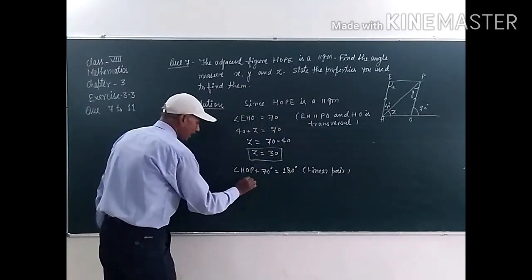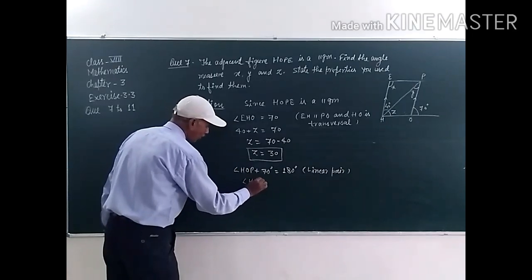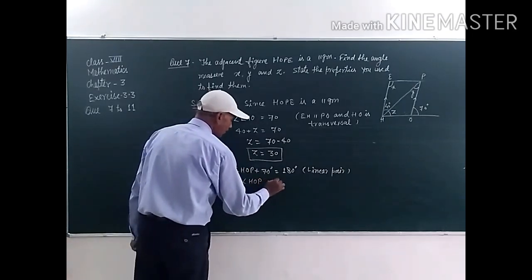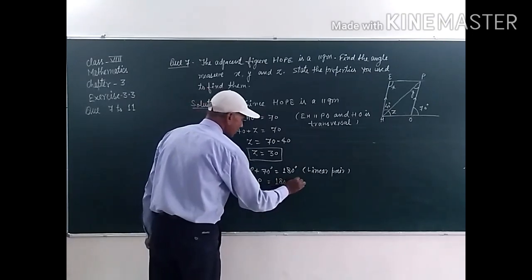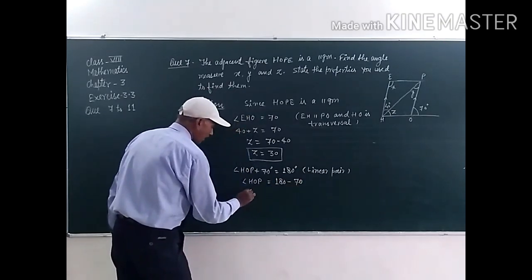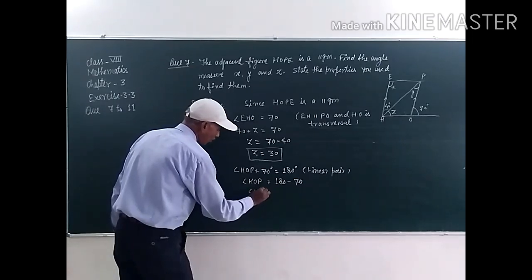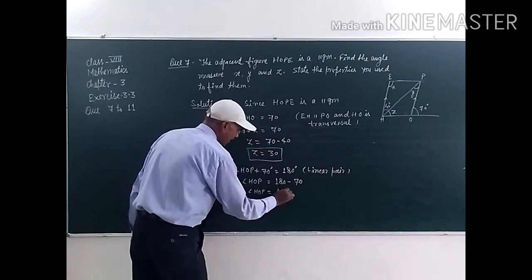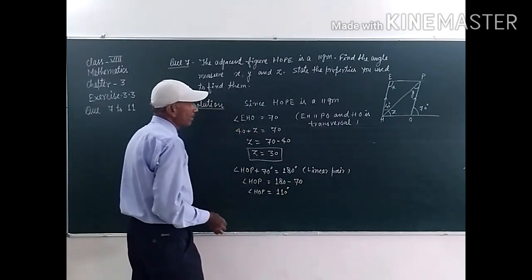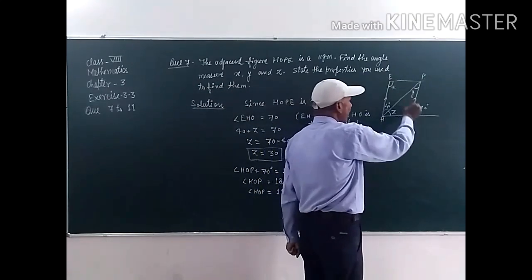So angle HOP is equal to 180 minus 70. So angle HOP is equal to 110 degree, student.